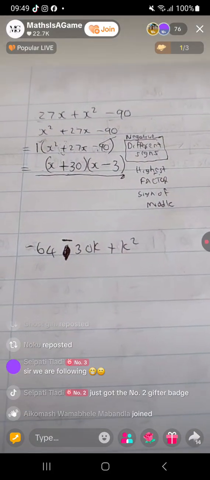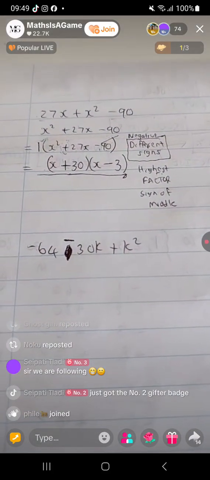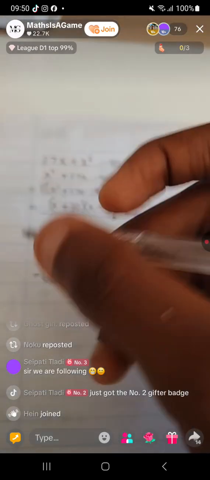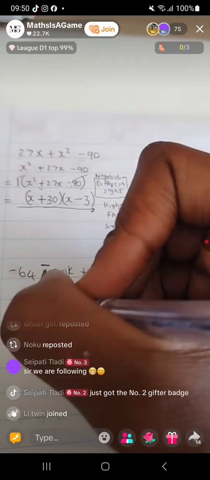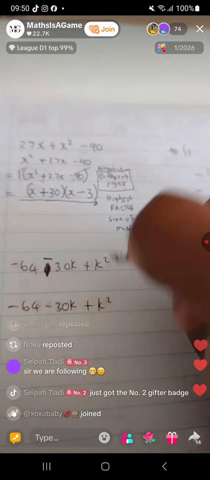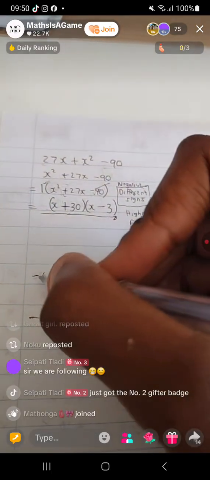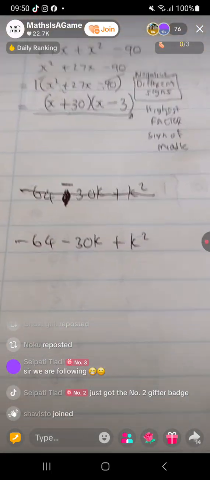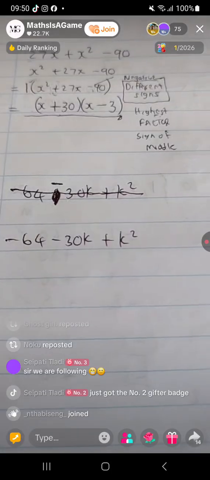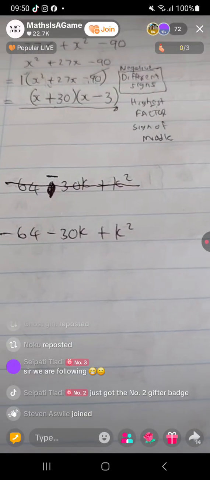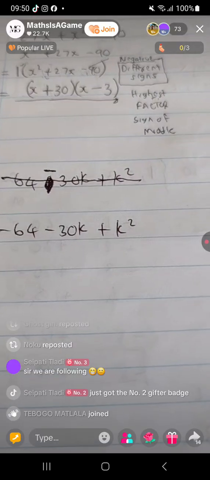So we have negative 64 minus 30k plus k squared. This is the expression. Let me rewrite this. I always say to my learners, please don't ever write untidy stuff. So let me not do that and set the precedence, otherwise you'll feel like, you did it, so we are going to do it too. You hypocrite. I don't want that happening.